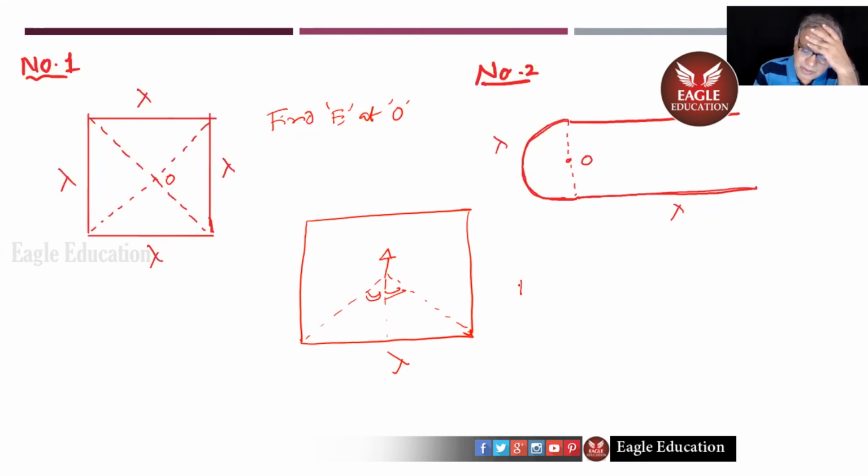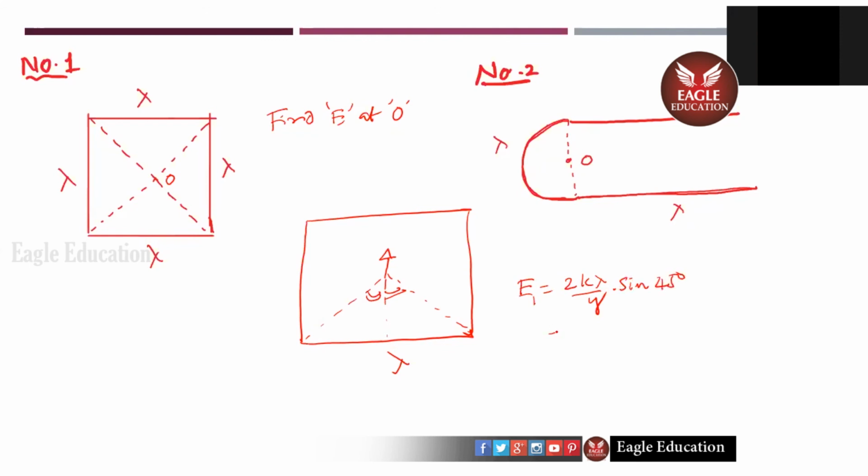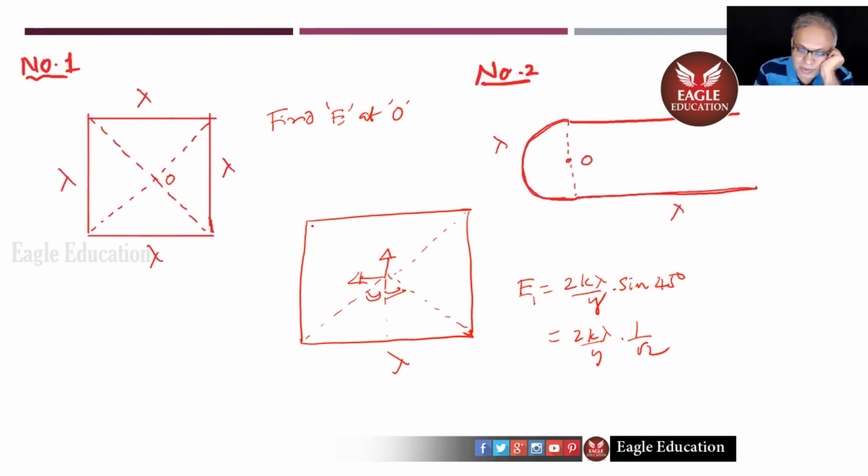So E1 will be 2k lambda by y sine 45. So 2k lambda by y 1 by root 2. Due to this, it is this way. Same value. Due to this, it is this way. Same value. Due to this, it is same value like this. All are equal. So E equals 0.